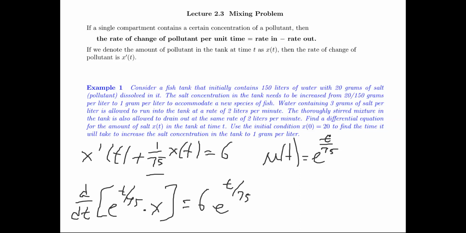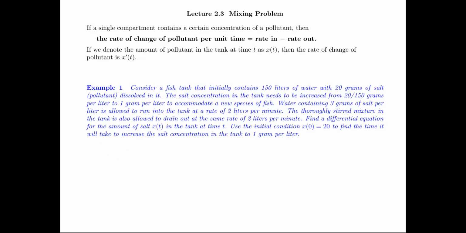The left-hand side just becomes e to the t over 75 times x. The right-hand side is the integral of 6e to the t over 75. If you do that whole calculation, you should get 450 e to the t over 75, plus some constant c.